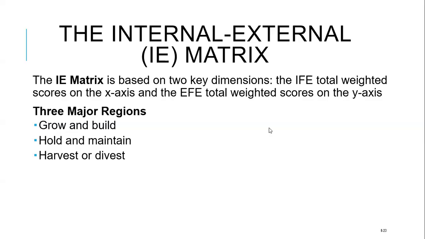And that is why we call it grow or build. Because your scores for internal strengths and weaknesses are favorable, and that of opportunities and threats from the external environment is also favorable, which means there is more room for you to expand the current business that you are running and to enjoy more or superior growth.